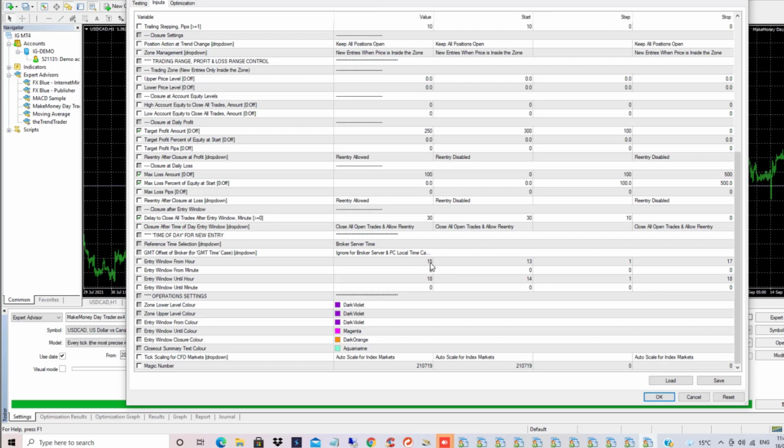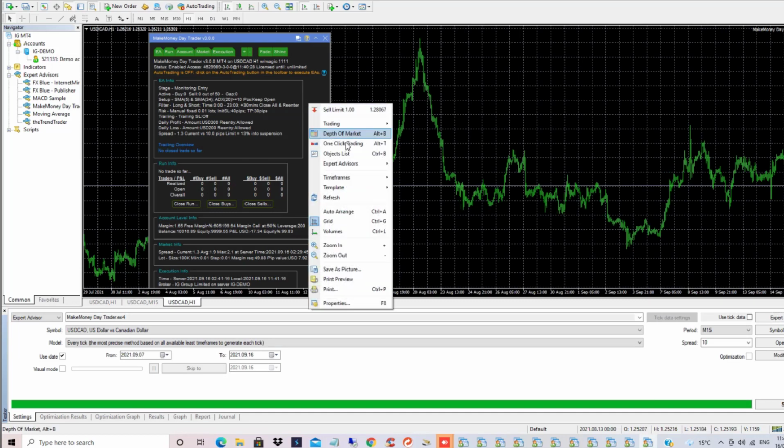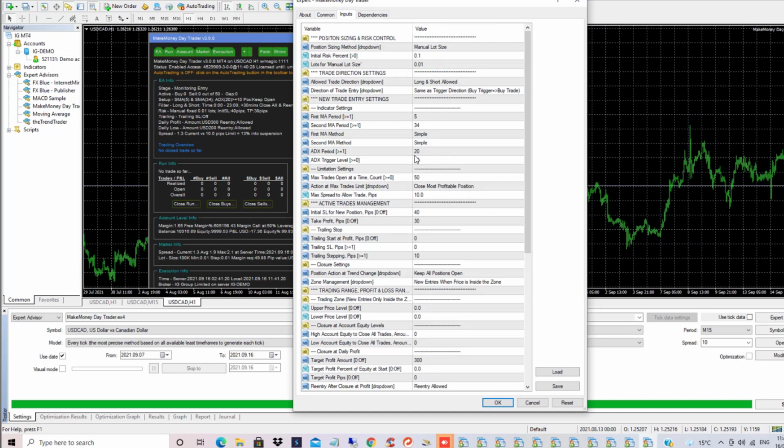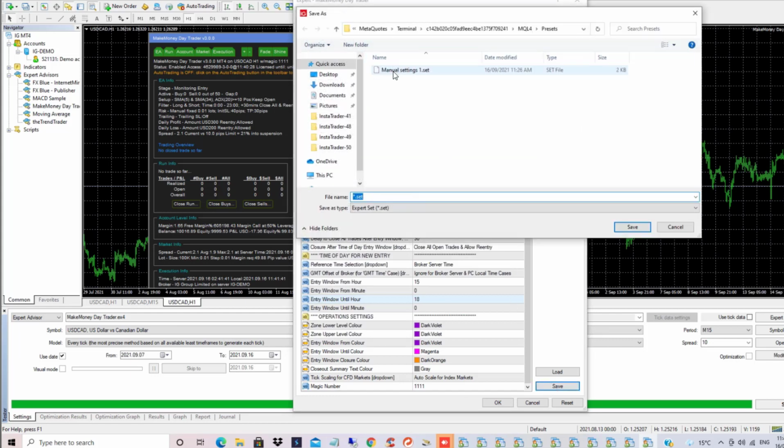I'm just going to put that into our set file. So we go back to our page that we were looking at, and we go into properties, and we have a look here, and we go save, and those are the manual settings. So those were the original manual settings.